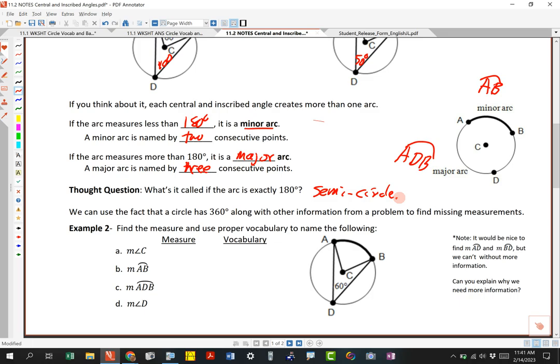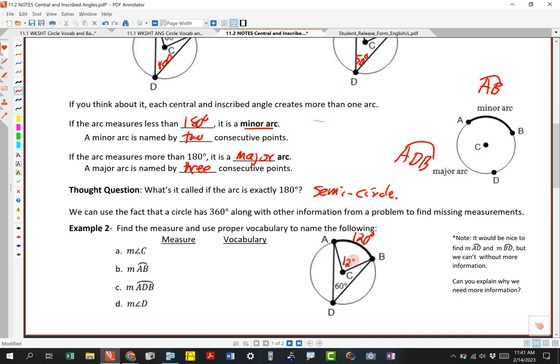Okay? All right. So we can use the fact that there's 360 degrees in a circle along with the other information that we figured out to take one diagram and then say, hey, I know a whole bunch of stuff about this. So let's take a look here. I know that the inscribed angle is 60. So I know that the intercepted arc must be double that. So I know this has to be 120.